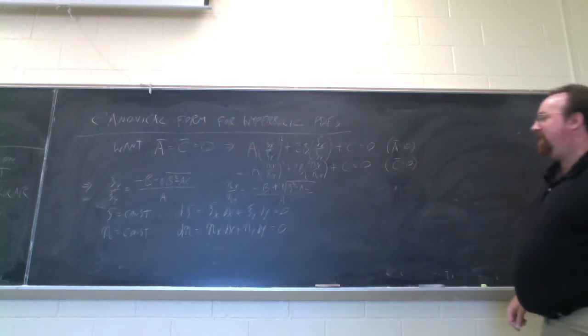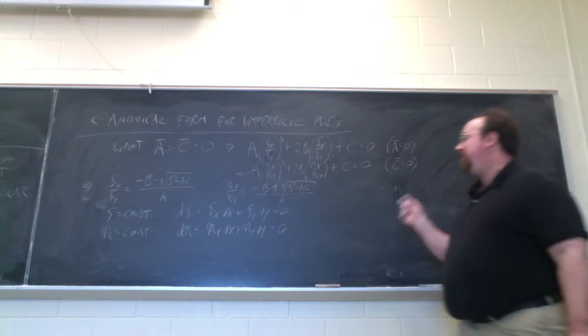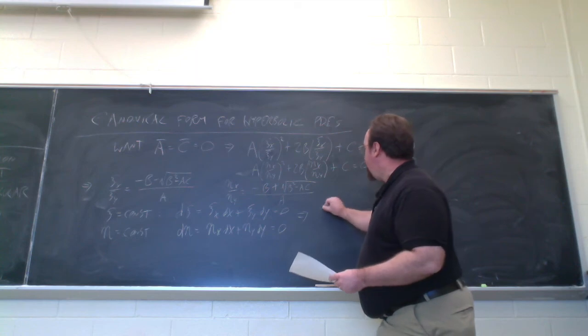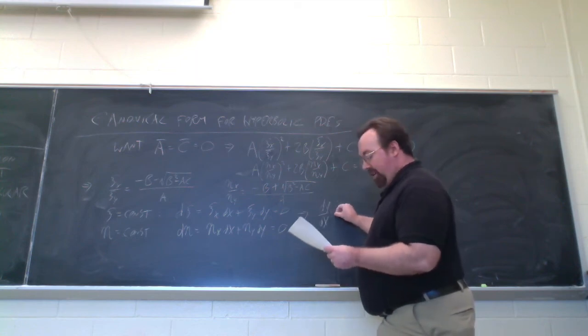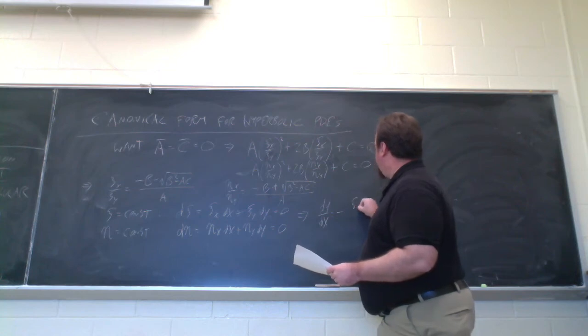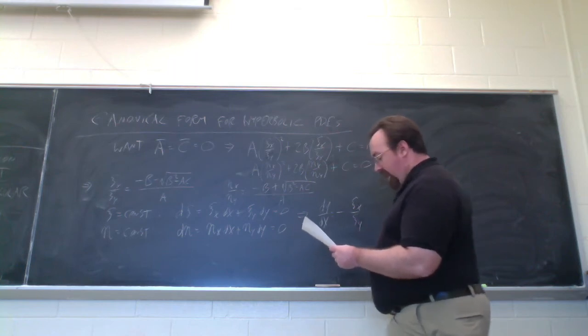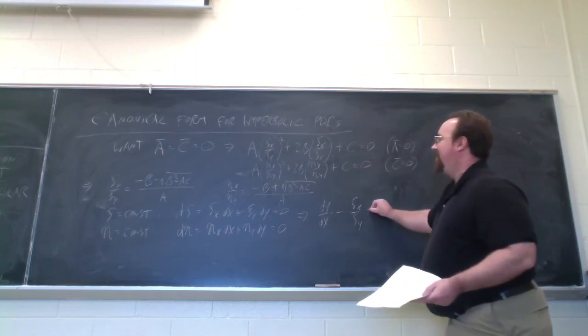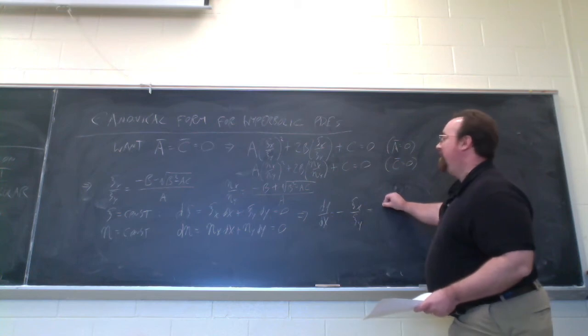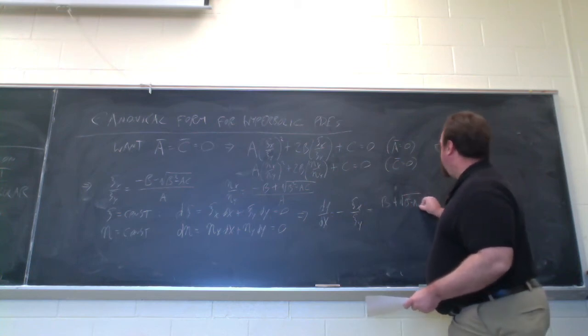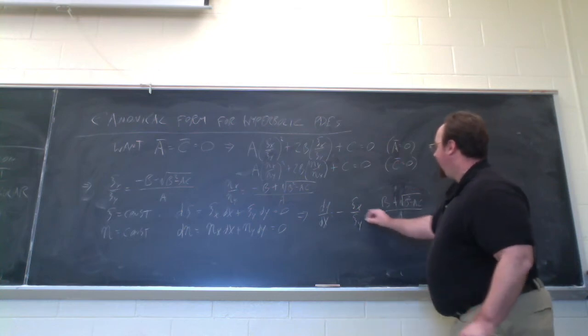And the reason why this helps us is that now we can rearrange these to get a useful ODE. From the first one, dy/dx is minus xi_x over xi_y, and I know what this is, so it's over there. So I have (b plus square root of b squared minus ac) over a.